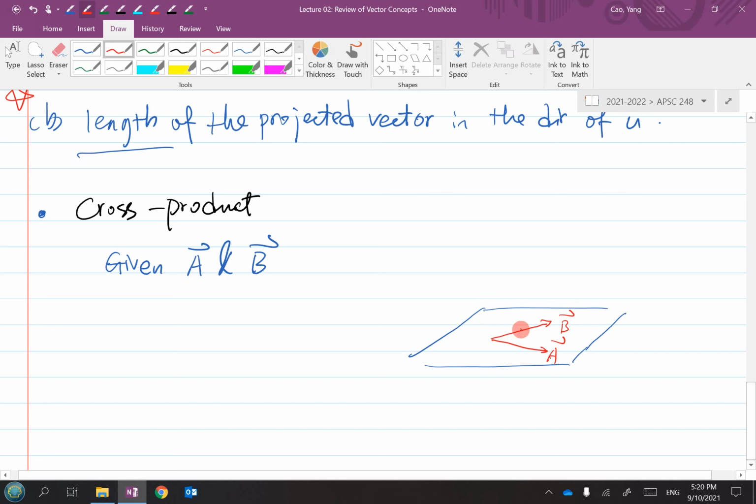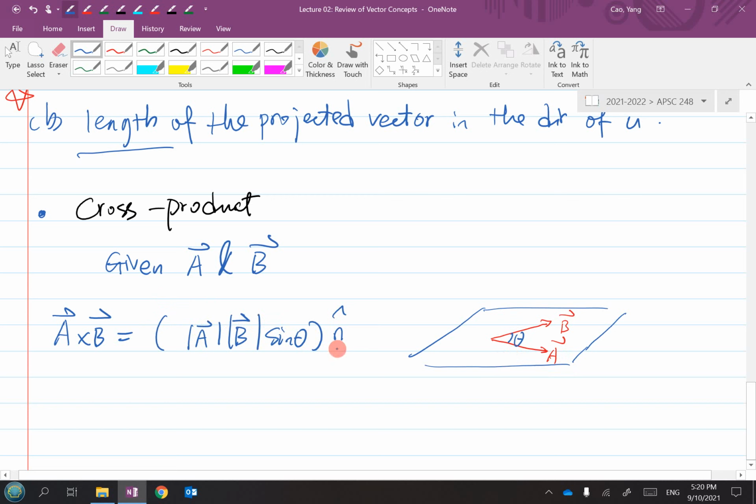Then A cross B, by its definition or by its formula, is written as this. For A and B, we know what they are. Theta is the angle between the two vectors.